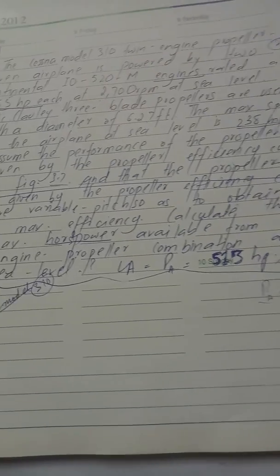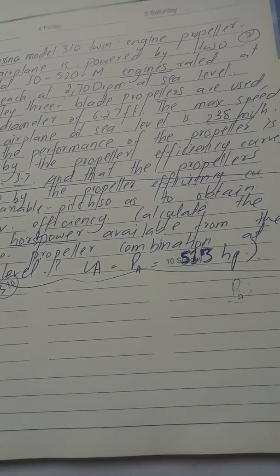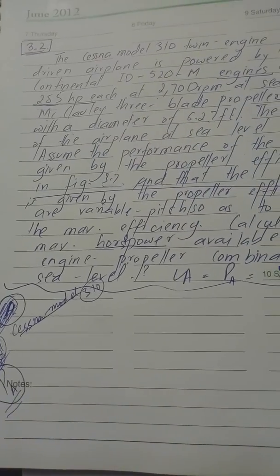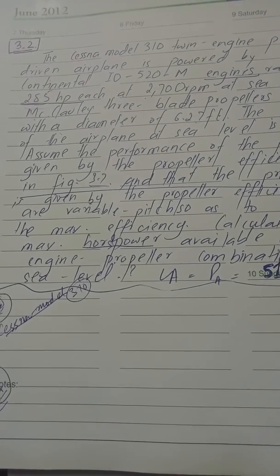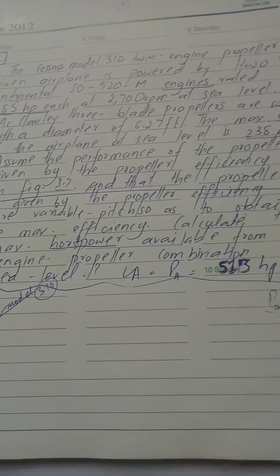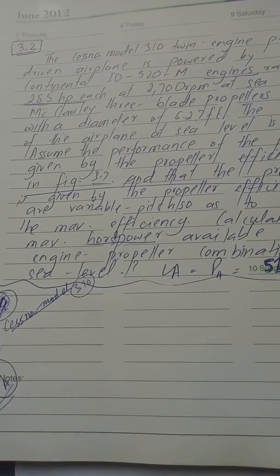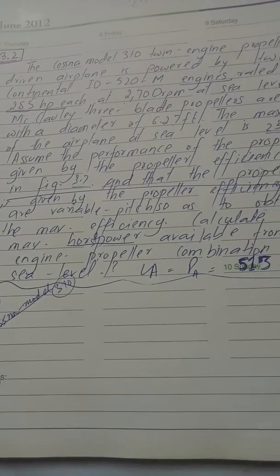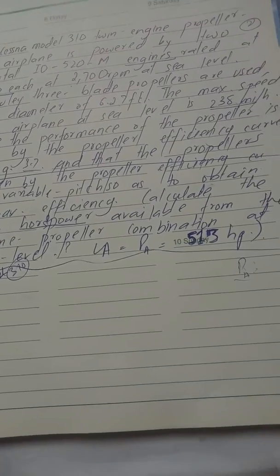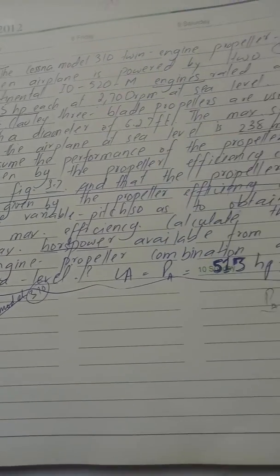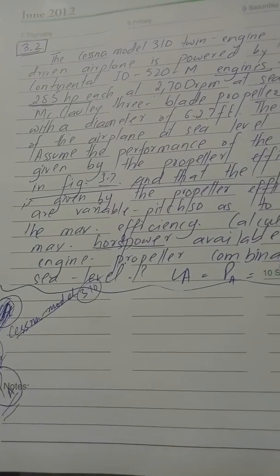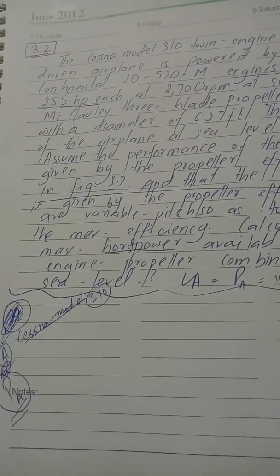Assume the performance of the propeller is given by the propeller efficiency curves in the figure, which we have discussed with the three different types of curves, and the propellers are variable pitch so as to obtain the maximum efficiency. Calculate the maximum horsepower available from the engine propeller combination at sea level.